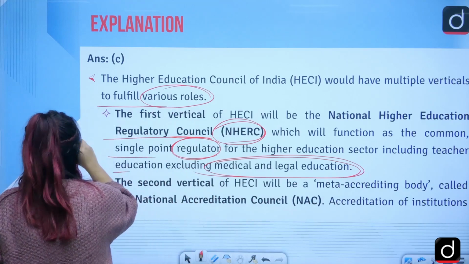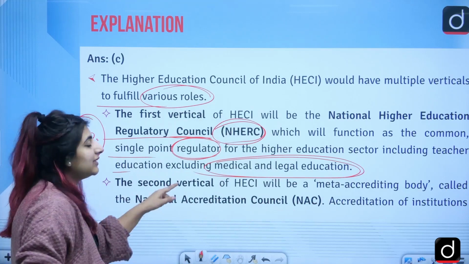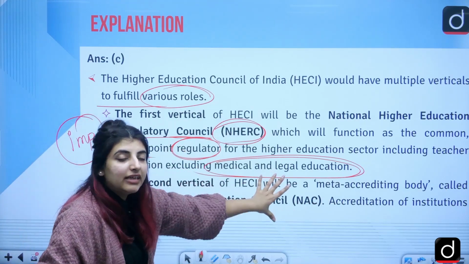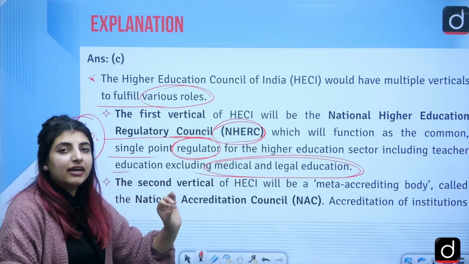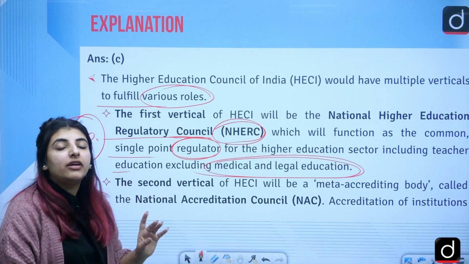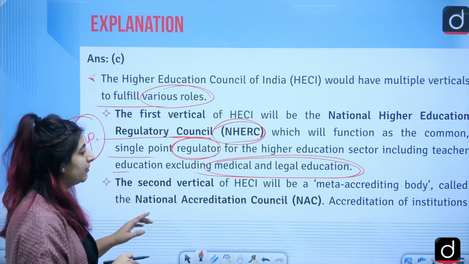So this is an important thing, that NHERC excludes medical and legal education, and any other kind of higher education will come under this regulatory body, NHERC. So this is the first vertical of the Higher Education Commission of India.